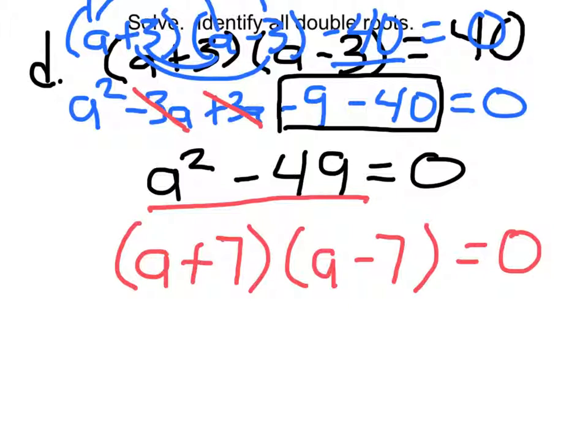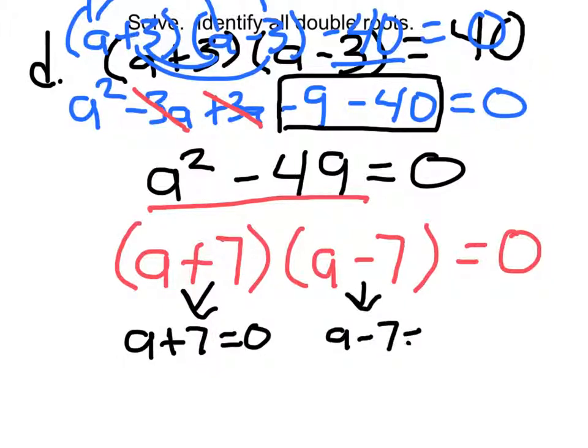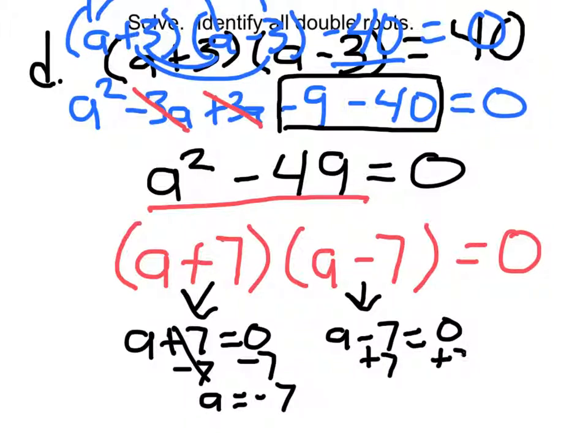Now the left side is factored, so after it's factored, you set that equal to 0, and you set this equal to 0, and you solve each one. So you're going to subtract 7, you get a equals negative 7. You're going to add 7, and you get a equals a positive 7.